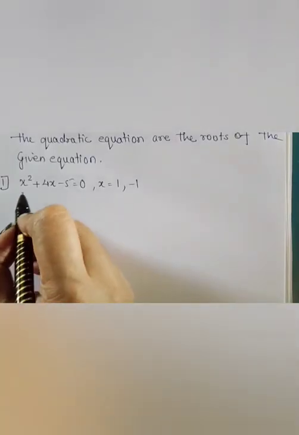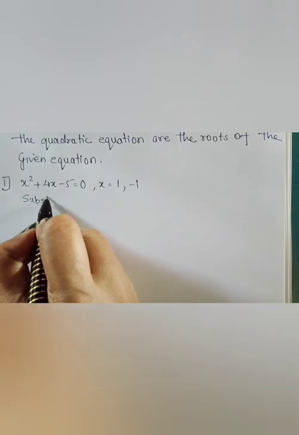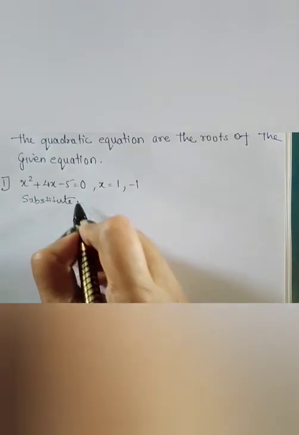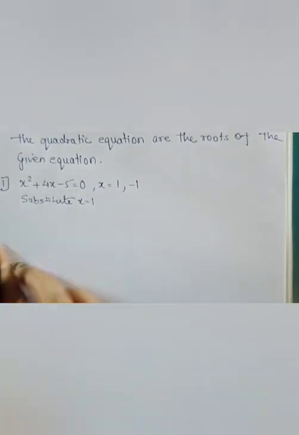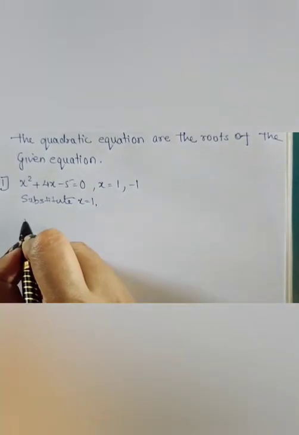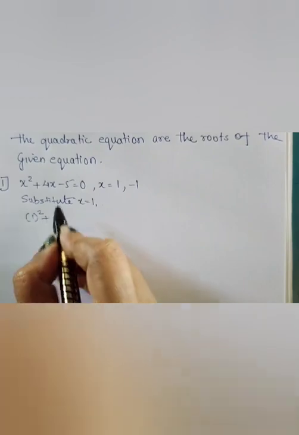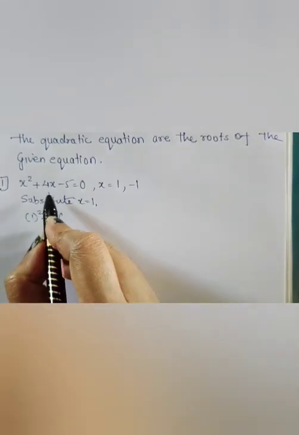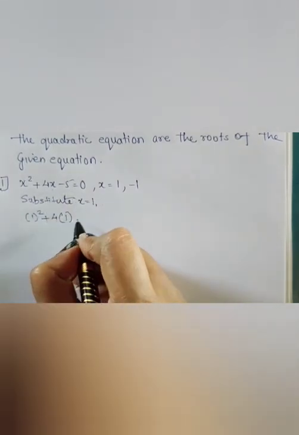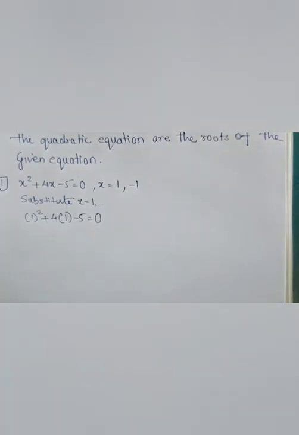So for the first equation, first we'll substitute x is equal to 1 in the equation. So I'm writing directly, in place of x, 1 square plus 4, again in the place of x 1, minus 5 equal to 0.